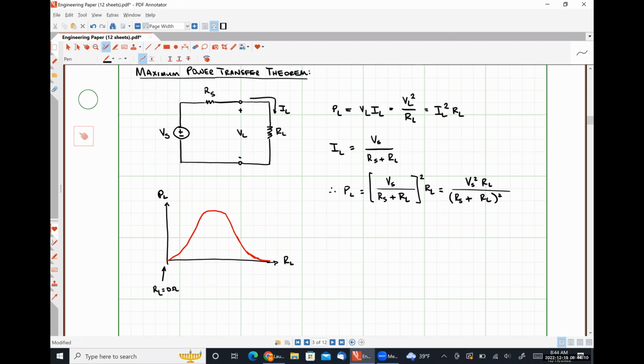The voltage drop over it would be 0, therefore V squared over 0 is going to give us 0. And then way over here is when our load resistance is effectively an open circuit. Everywhere in between is every possible resistor value that exists between 0 and infinity.